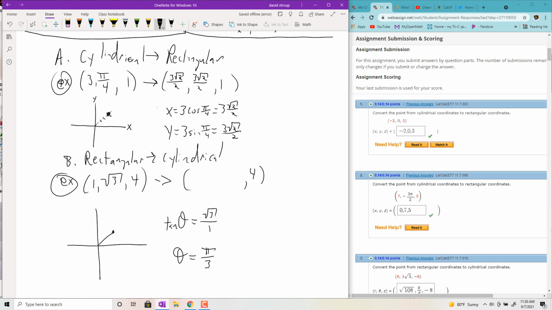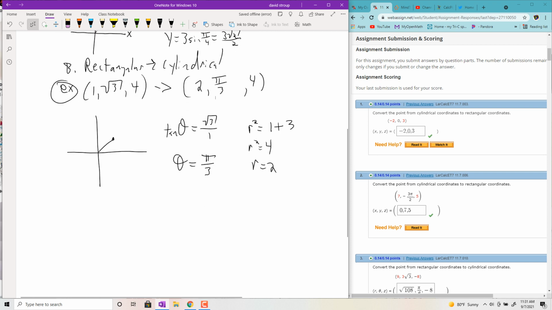Then you need the r value, so r squared is equal to x squared plus y squared, so that'd be 1 plus 3. So r squared is equal to 4. We want the positive r, so plus or minus 2, but we'll take 2, right? So 2, pi over 3, comma 4 would be our answer.